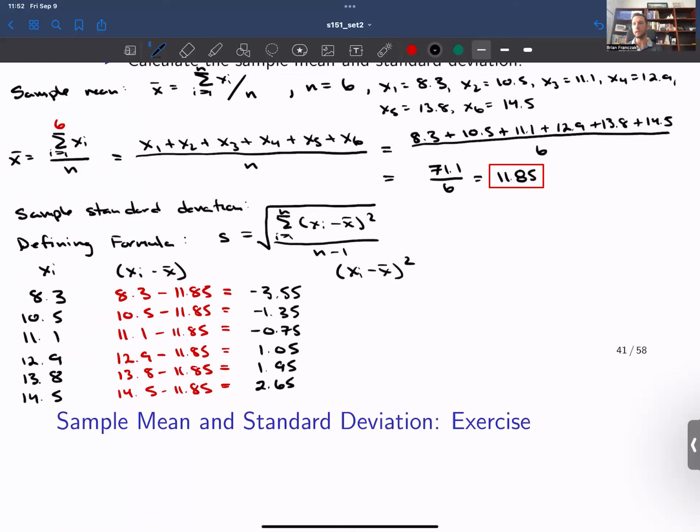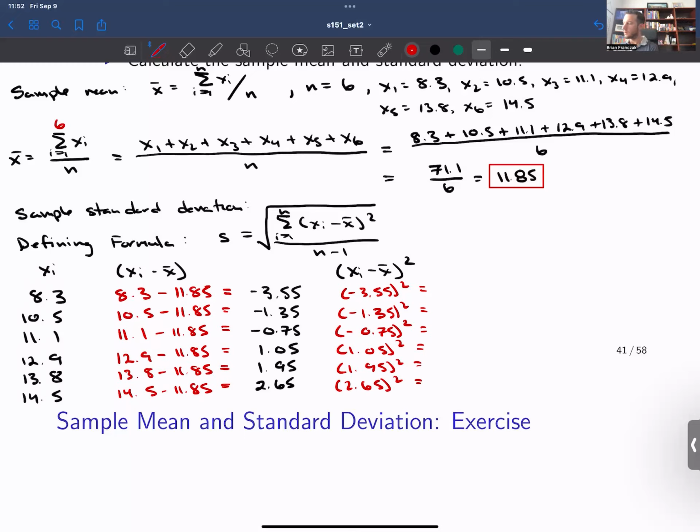Then in our third column, we're simply going to take each of those differences that we just computed and square them. So in the first row, we have negative 3.55 squared. In the second row, negative 1.35 squared. In the next row, negative 0.75 squared. Then we have 1.05 squared, 1.95 squared, and 2.65 squared.